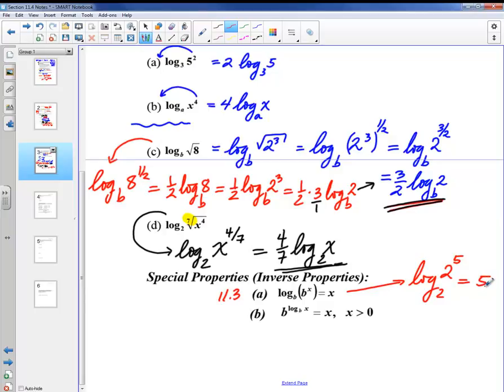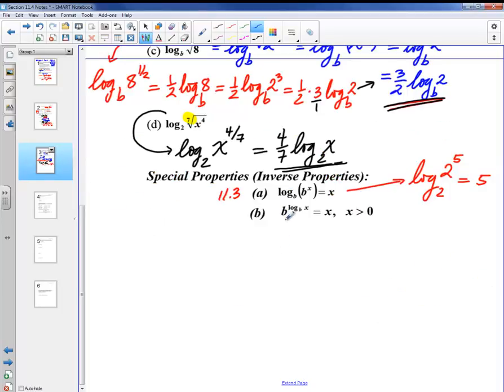Now in this one, the opposite happens. You have b raised to log base b of x, but notice that you still get x back. And the reason for that is because raising a base to an exponent will be the reverse of taking the log of the same base.